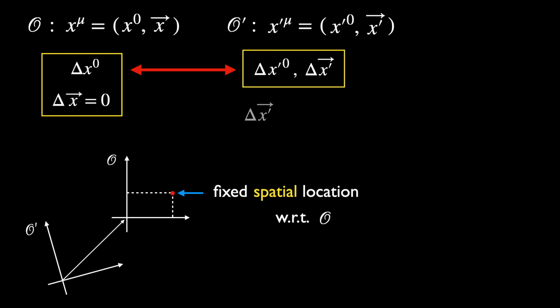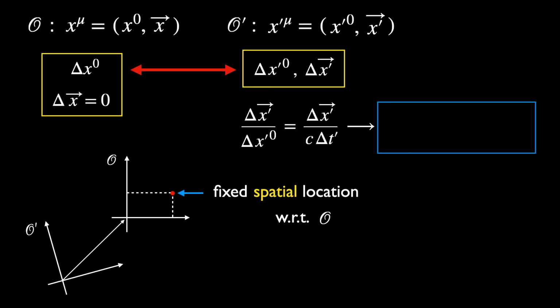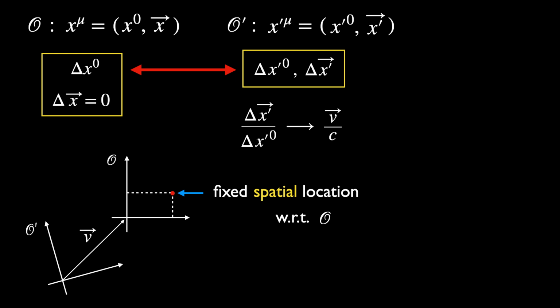We can use this space-time displacement to calculate the velocity of the red dot with respect to O prime. Since the red dot is stationary with respect to O, v is therefore also the velocity of O with respect to O prime.